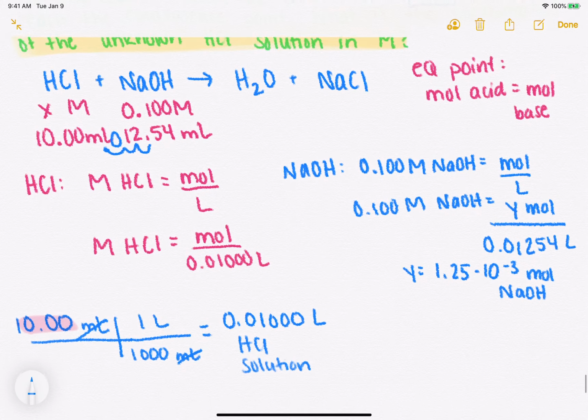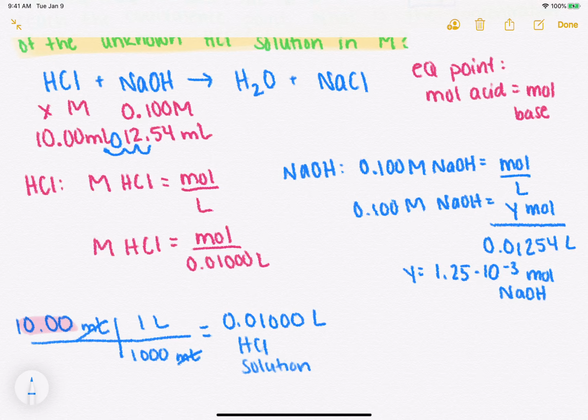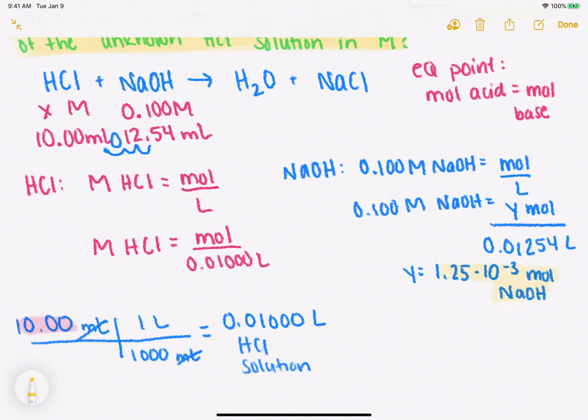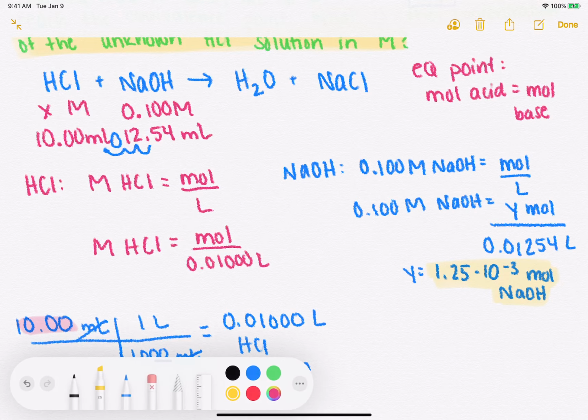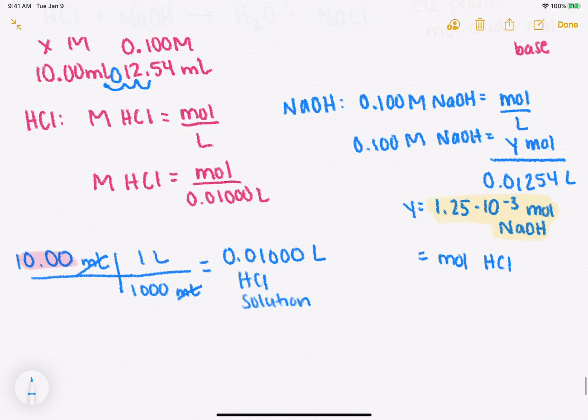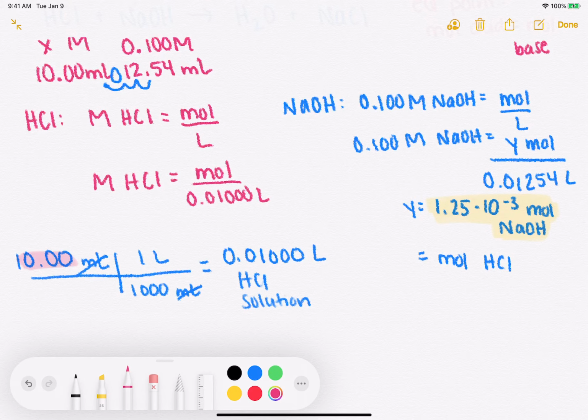Because this is the volume and the moles added at the equivalence point, then we know that the moles of acid equals the moles of base. So we know that this value is also going to be equal to the moles of acid that are present in that solution. So that means that that is also equal to moles of HCl. So that's really great because that is going to allow us to finish solving our equation.